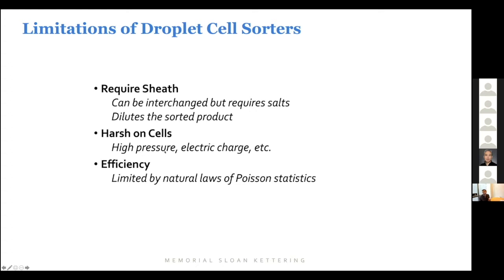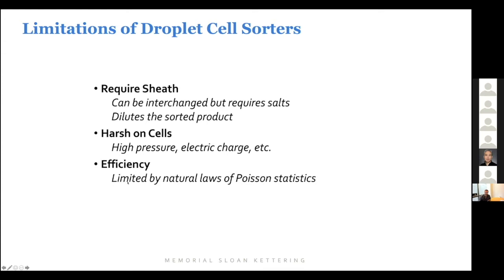So they can be harsh. Again, like I said, we're putting these cells under so much pressure, literally, and we're electrocuting them, etc. It's really impressive that these cells are still functional.